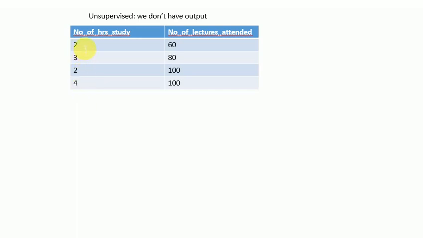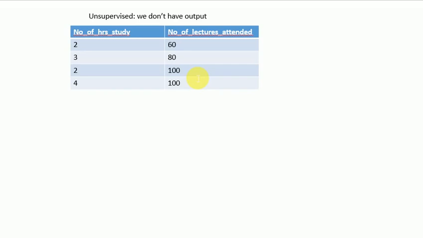The distances are calculated for column 1, that is number of hours of study, as well as number of lectures attended. There is one algorithm known as k-means. We are not going to touch upon that, but this approach is grouping the data points on the basis of distance, and the way we calculate the distance can vary.